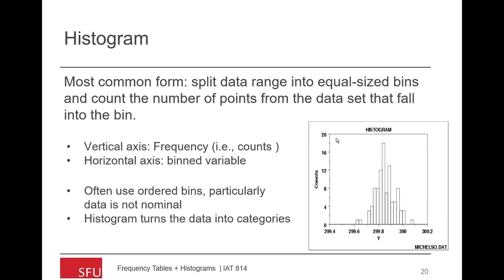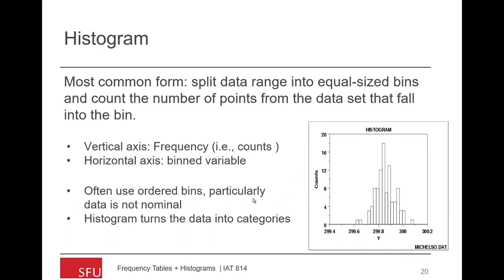Typically the vertical axis is the frequency or counts of the data that you've got: counts if it's a frequency table, proportions for a relative frequency table. And the horizontal axis is the binned variable. Here we have a data set with very, very small bins, roughly 0.02 is the bin size here.